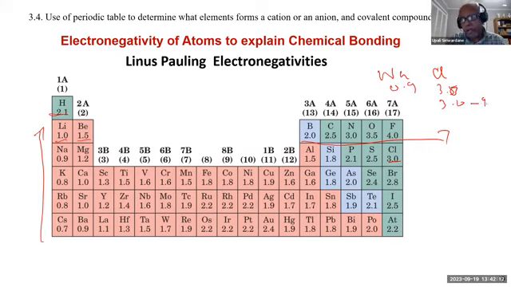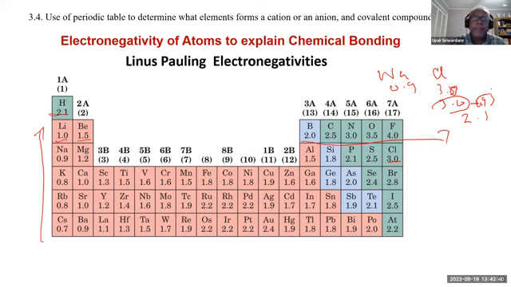Minus 0.9, you get 2.1. The difference 3.0 minus 0.9 is 2.1. So we exactly say what electronegativity difference gives rise to whether an ionic bond or a covalent bond.